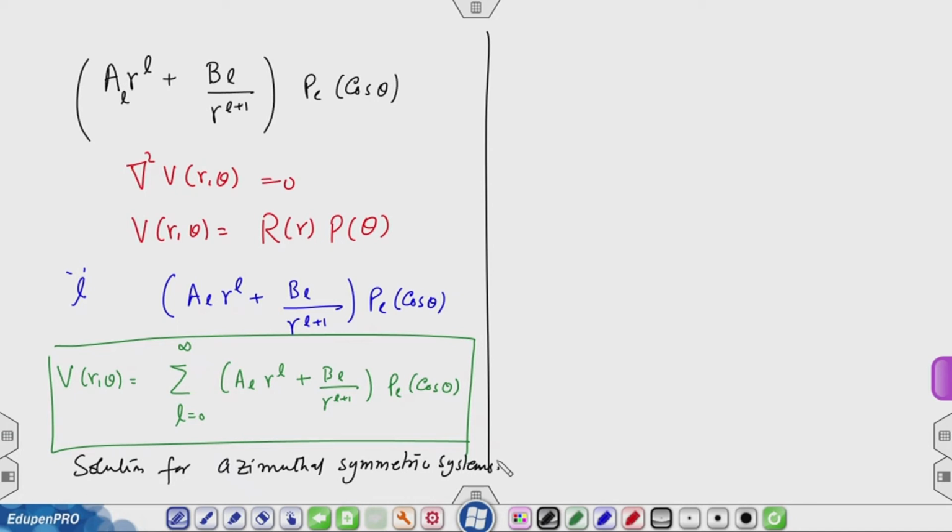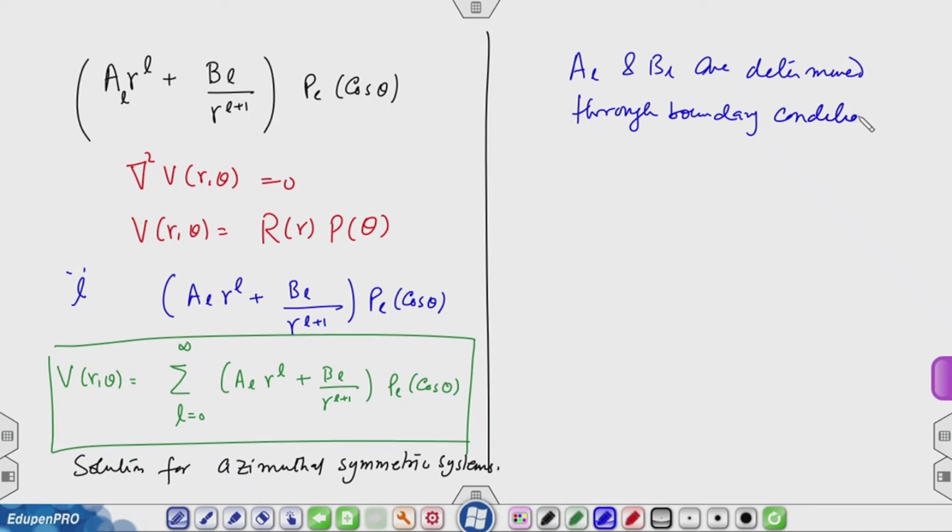Now, A_Ls and B_Ls are going to be determined by the boundary conditions, and that is where the art is, how to apply those boundary conditions.